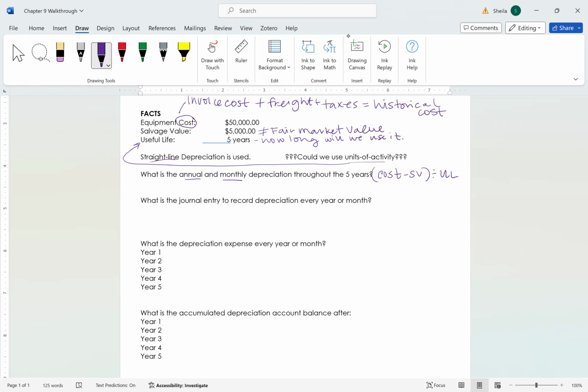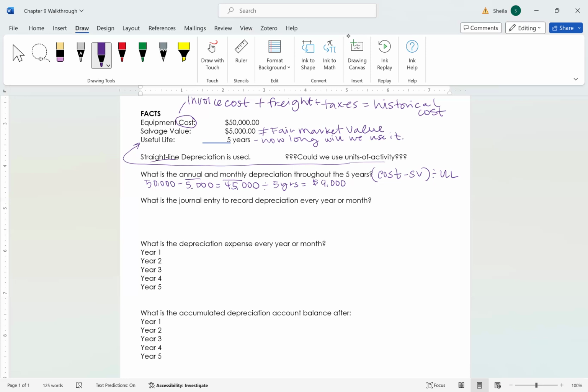And so when we calculate it based off of an annual determination, we're going to be taking the 50,000 of the original cost minus the 5,000 of the salvage value, and we have an amount that we're going to depreciate of 45,000. So if we take that divided by 5 years, our depreciation ends up being $9,000 per year.